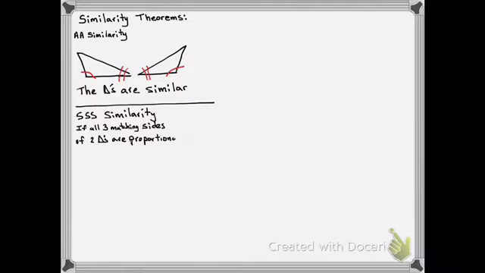If the sides are proportional, then the triangles are similar. What does that mean? That means that if the sides end up reducing down, the matching sides all reduce down to the same scale factor, then the triangles are similar, and that means that the angles are all going to be equal. The sides won't be. And so how does that look?